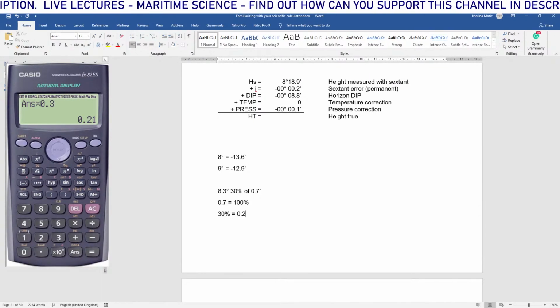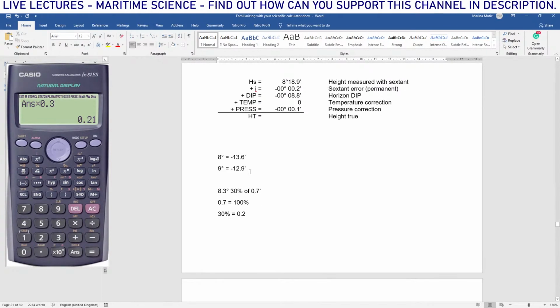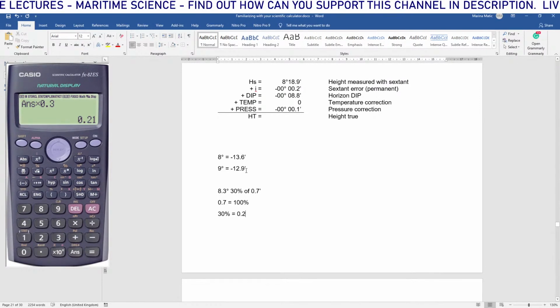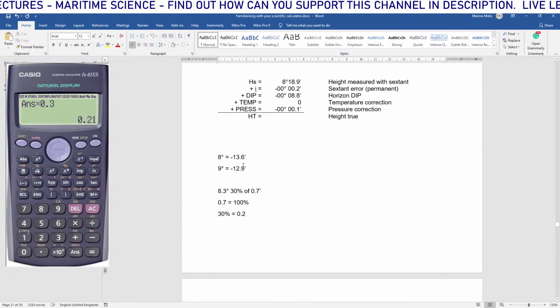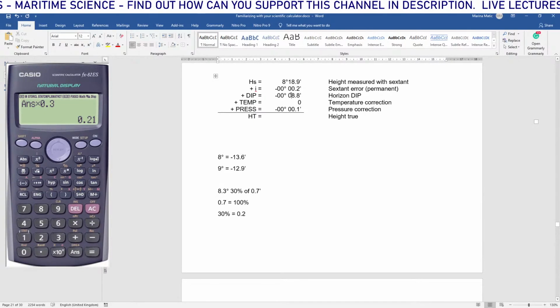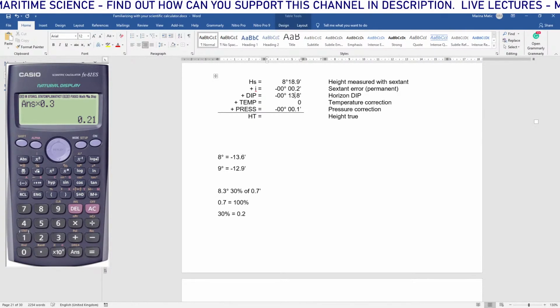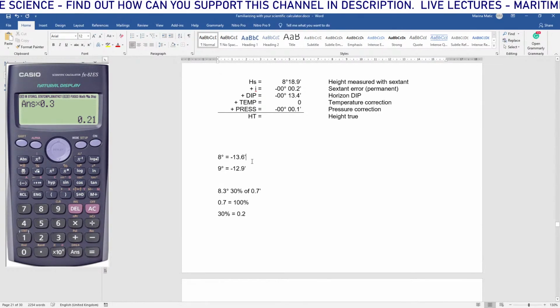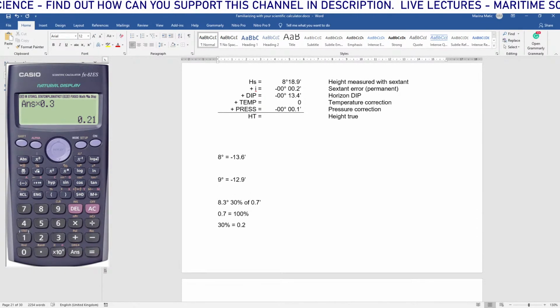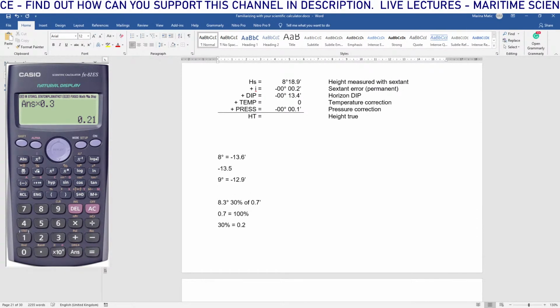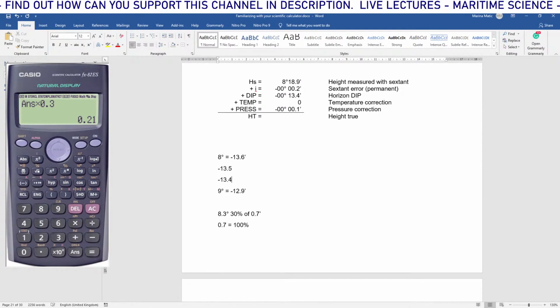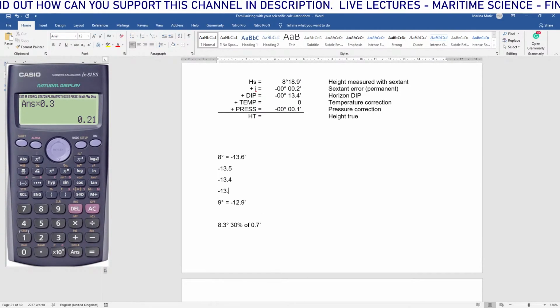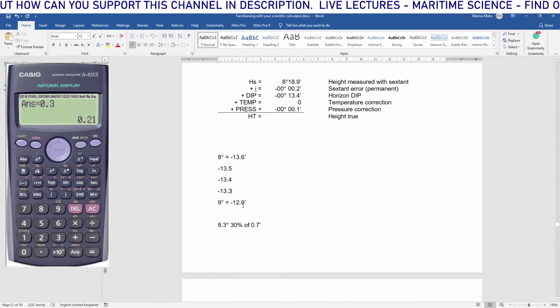Like I said, this is not something that I would normally calculate. I would just do this by head. So I have 13.6, I have 12.9. So that means in between is 13.4. That is what I would do. But if you want to calculate, that is how you calculate. You are calculating percentage. How come it's 13.4? Because in between we have minus 13.5, minus 13.4, minus 13.3, so all the way up to 12.9.